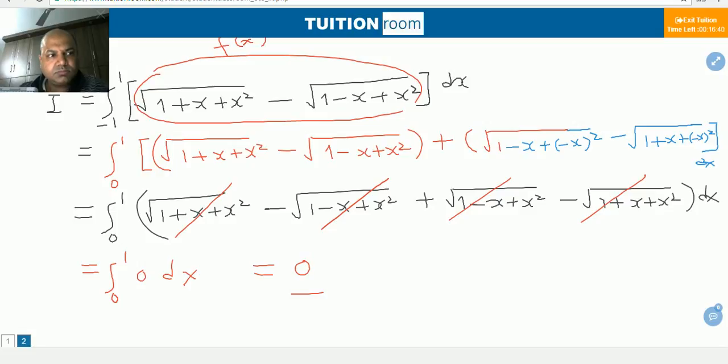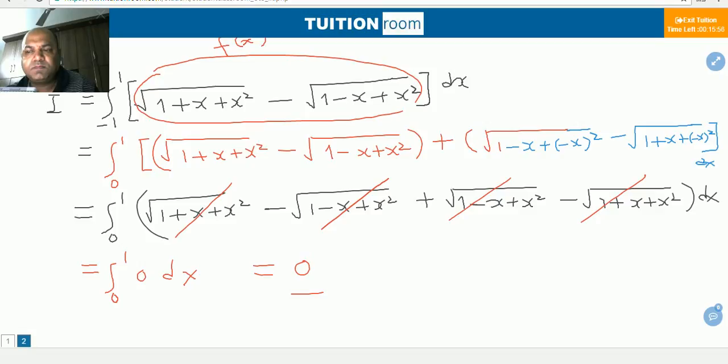My next problem: we have to find the value of the integral from minus pi by 4 to pi by 4 of x raised to power 9 plus x cube plus 1 divided by cos square x dx. Suppose we have to find the value of this integral, then this will be our f(x). Then apply the same formula, 0 to pi by 4.